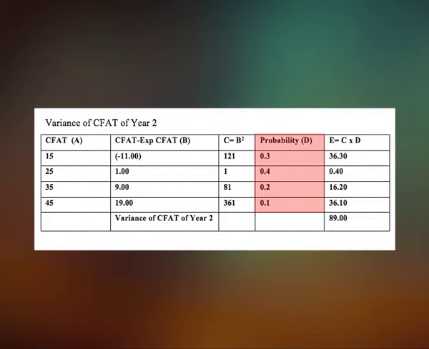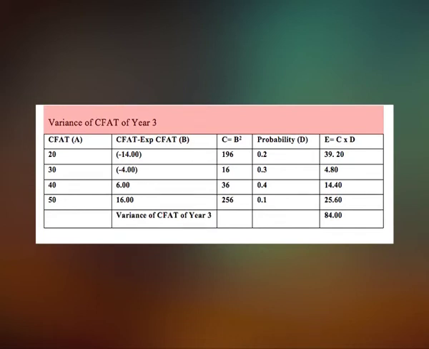Then probability given for various cash flow after tax is 0.3, then 0.4, 0.2, 0.1. The last column E is equal to 36.30, 0.40, 16.20, 36.10, and then the total variance of cash flow after tax of year 2 is 89.